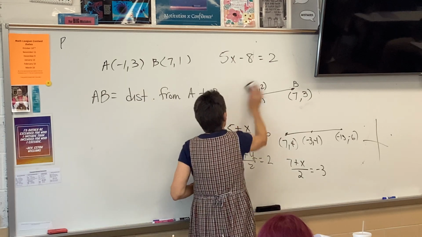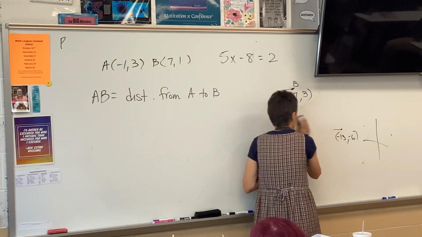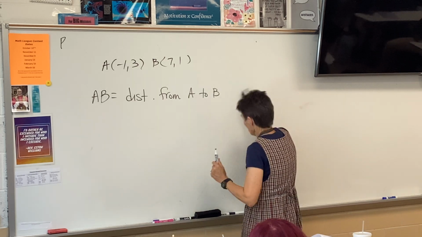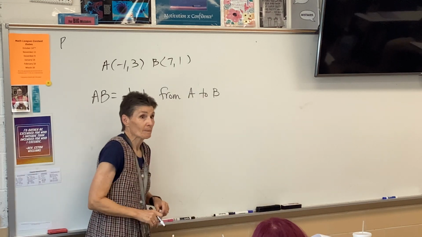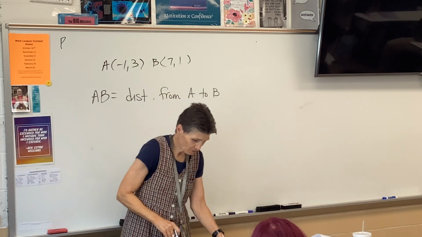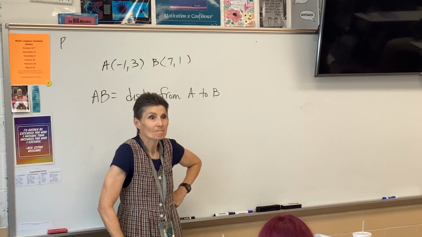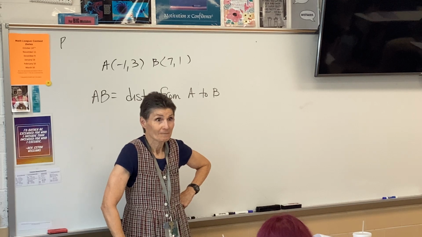Now, since I have used the word distance, do you have any idea how to find that distance? Anybody remember? I saw a hand going up back there. Subtract the y2 minus y1 over x2 minus x1.